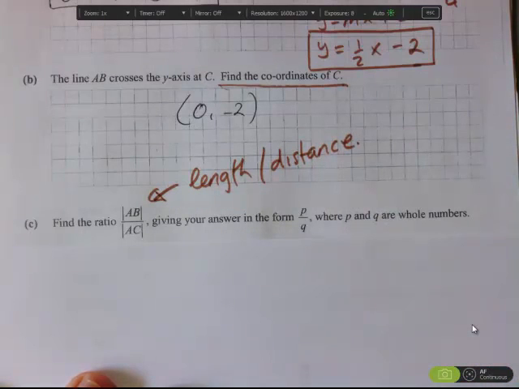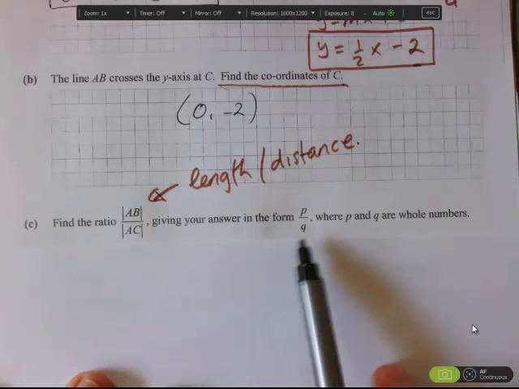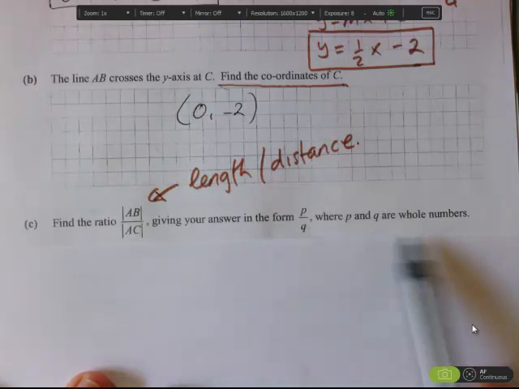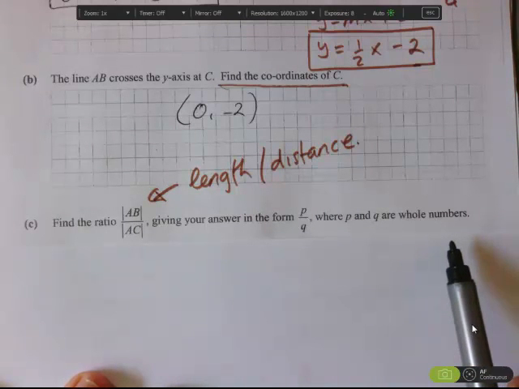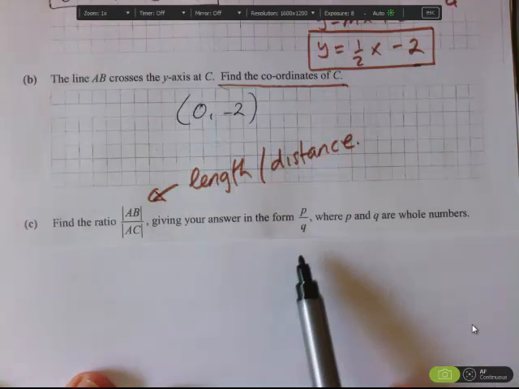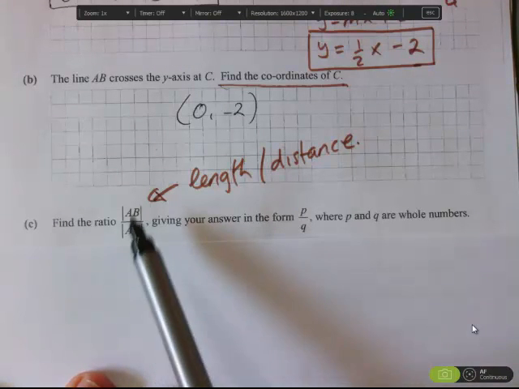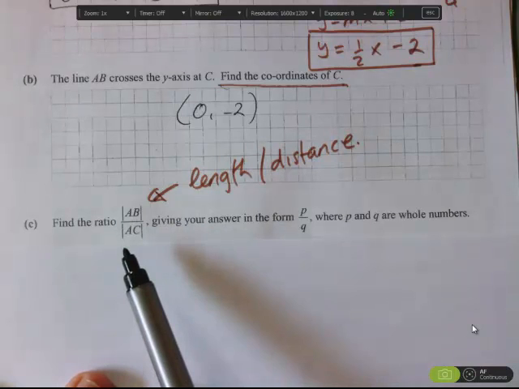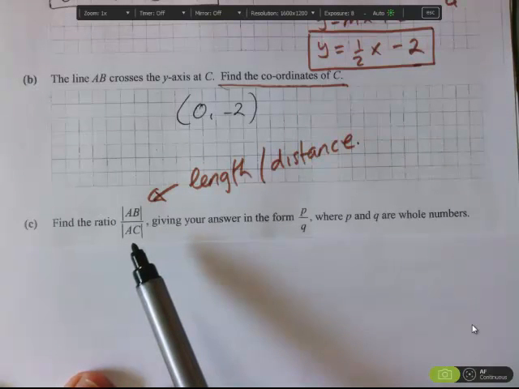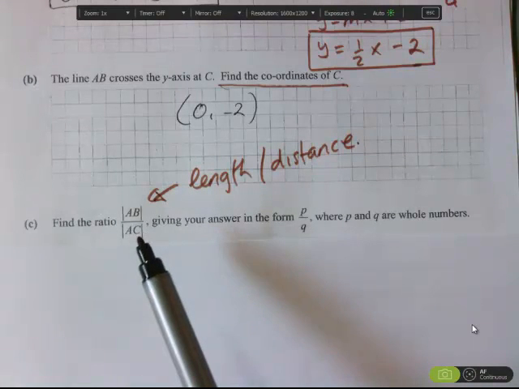So that implies that you're going to use the distance formula. It does say giving your answers in the form P over Q, where P and Q are whole numbers. What that tells you is that you'd expect the thing to simplify into a fraction. But if you're not quite sure what it means, but you do recognize that this is telling you to do the distance formula twice, then just go ahead and do that. Okay? And don't get fussed by the stuff that you don't understand.